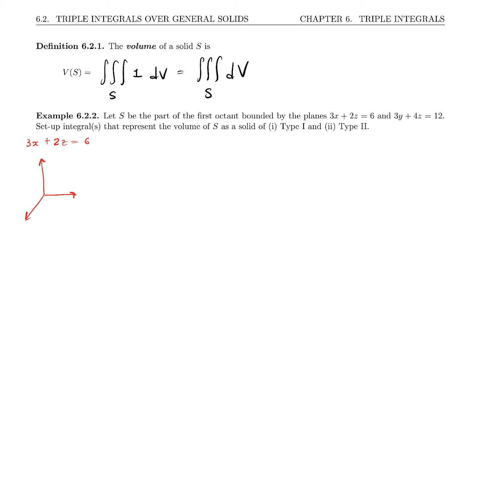We're going to go by intercepts here, and if we let x equal 0, then z is 3. And if we let z equal 0, then x is 2. There is no y component, and so that plane is actually what we would have called a cylinder. It is parallel to the y-axis. So there's the first plane.